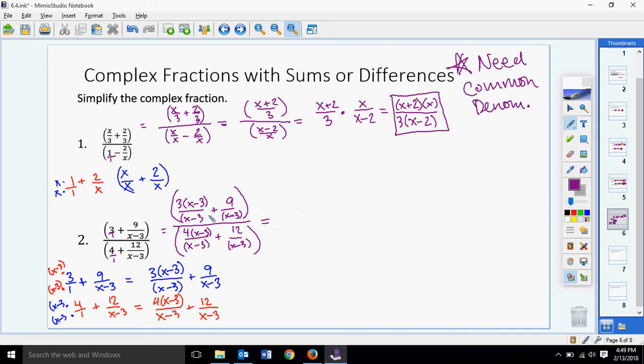So remember, we don't add denominators, but we do add numerators. So in my numerator, I have 3 times x minus 3 plus 9. My denominator, I have 4 times x minus 3 plus 12.